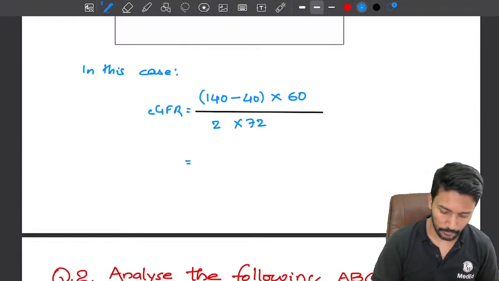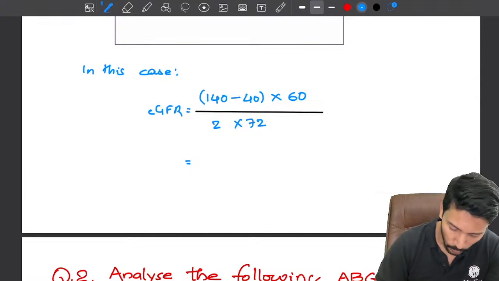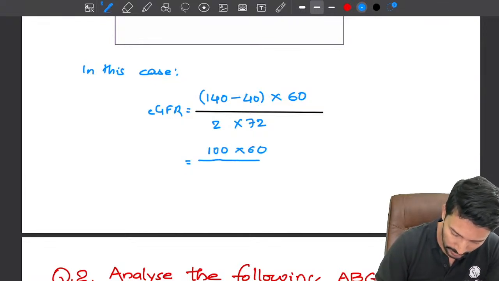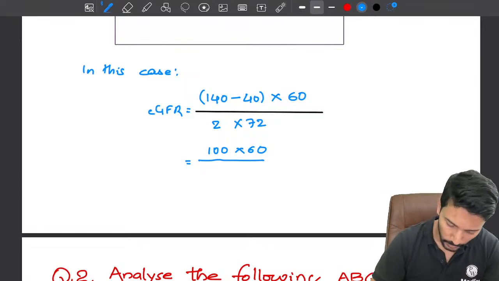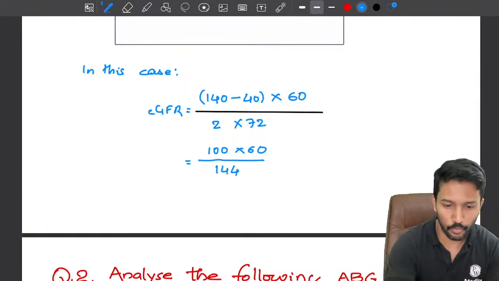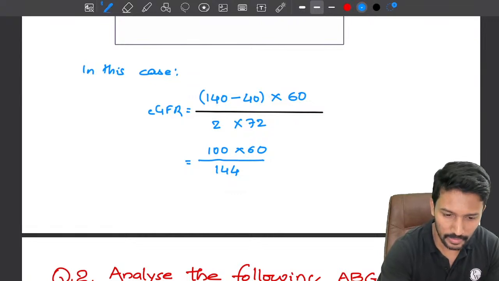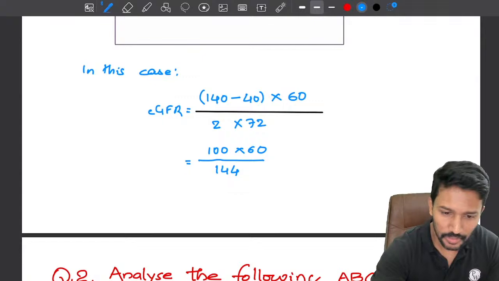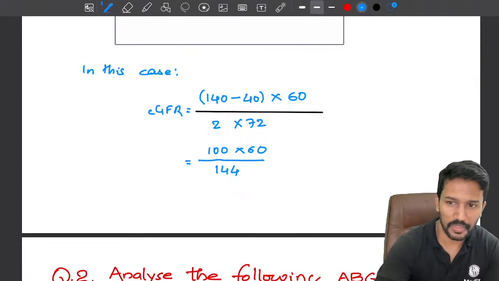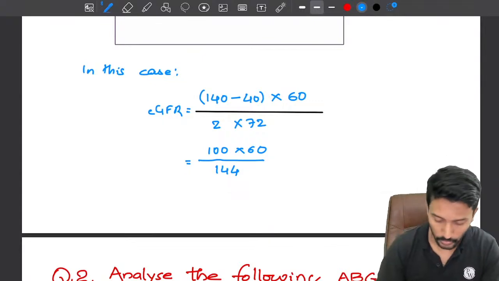So now if I apply that formula, what would be the GFR? 140 minus 40 would be 100, into 60, divided by 2 into 72, which would be 144. So once I employ this in a calculator, I will get the result. So let me calculate it with a calculator. In the examination, generally you will get simplistic numbers, not complex numbers which would require a calculator.